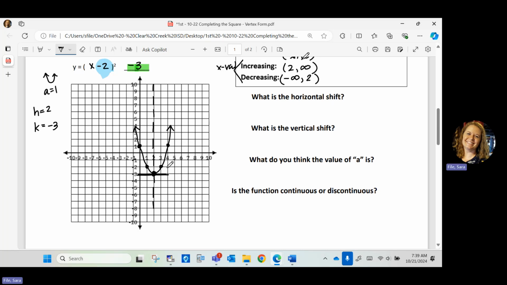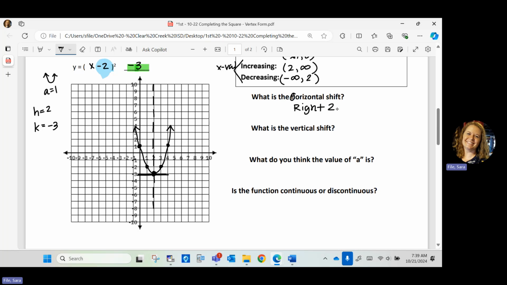If the vertex of the parent function normally starts at 0, 0, how much did this shift horizontally, left or right? It shifted right, how much? 2. It's your H value. So your H was 2. This went right 2.